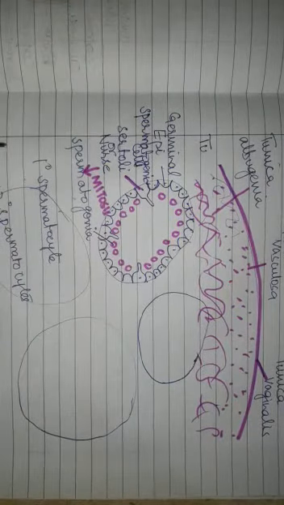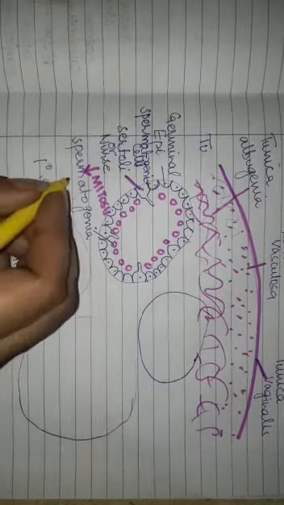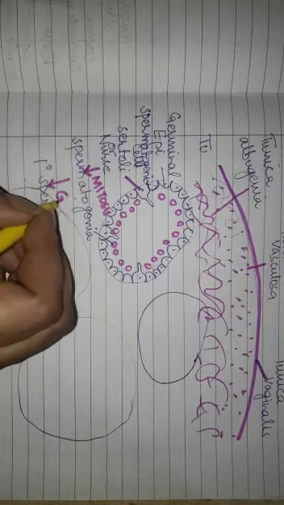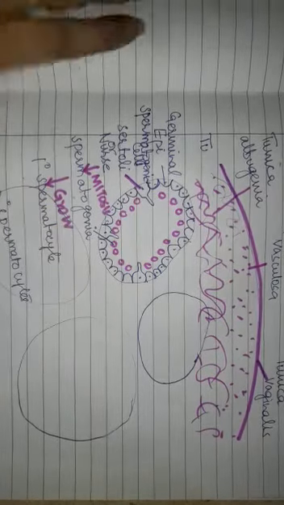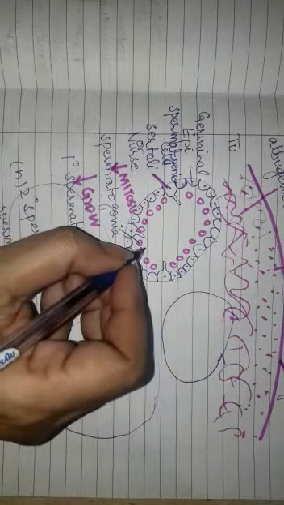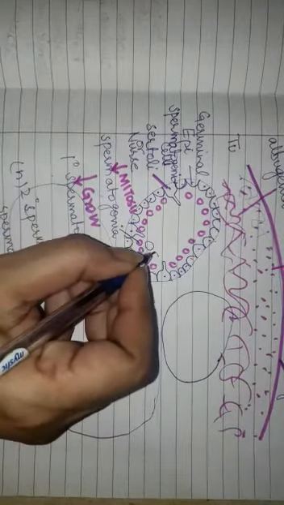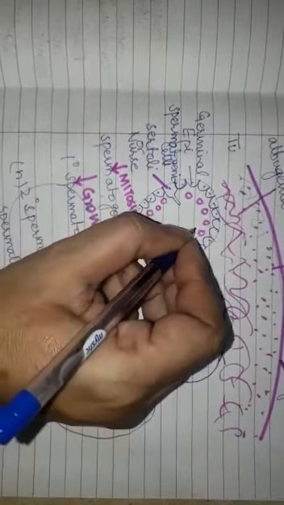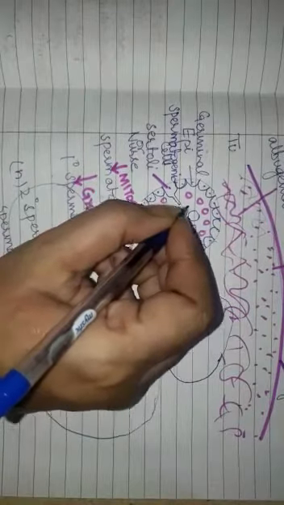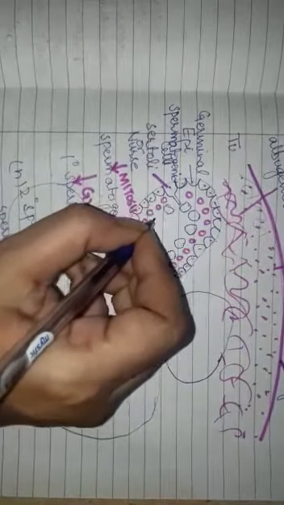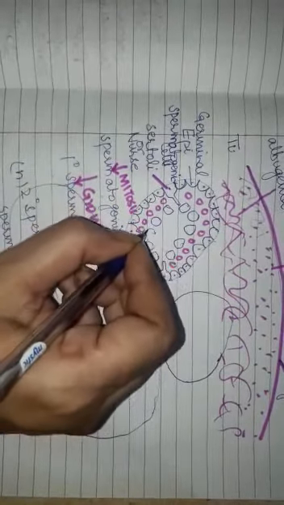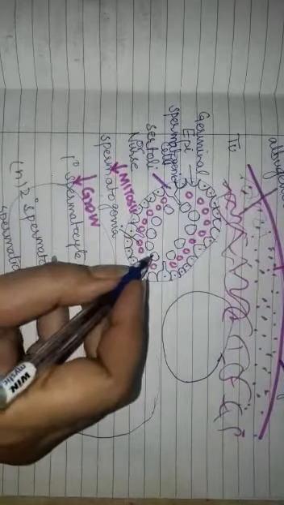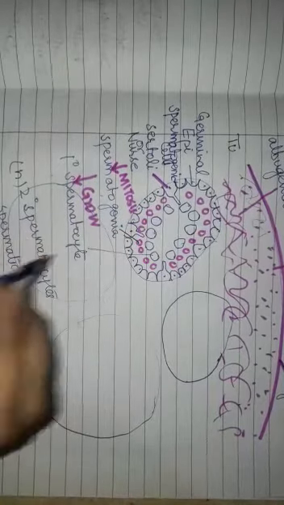This spermatogonia, they grow, they enlarge in size, बड़े हो जाते हैं, and these are called primary spermatocyte. ये हैं हमारे पास primary spermatocyte.